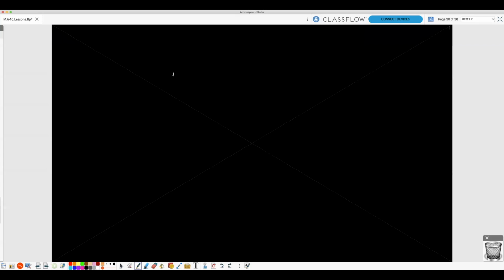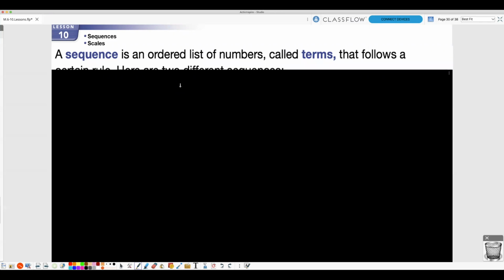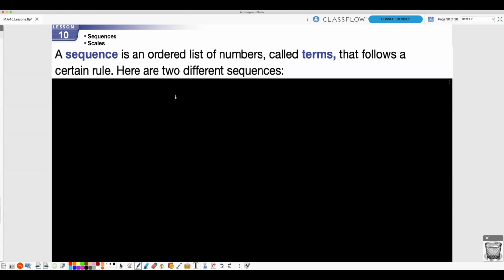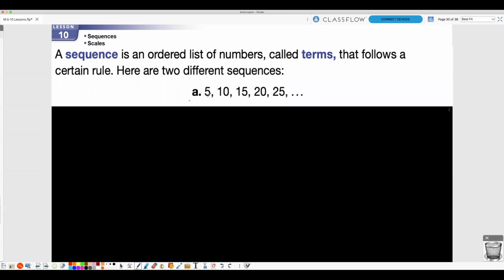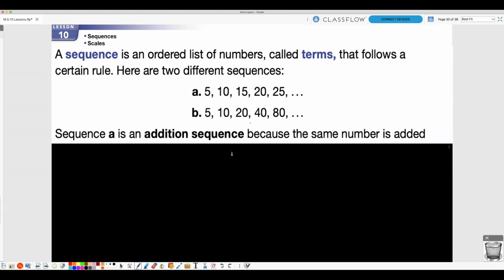And let's look at this one piece at a time. So a sequence is an ordered list of numbers called terms that follows a certain rule. Here are two different sequences: 5, 10, 15, 20, 25. Here's another sequence: 5, 10, 20, 40, 80. The sequence in A is an addition sequence.